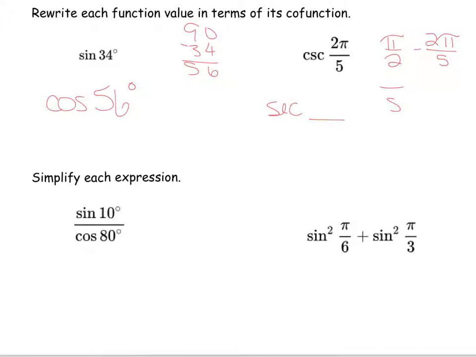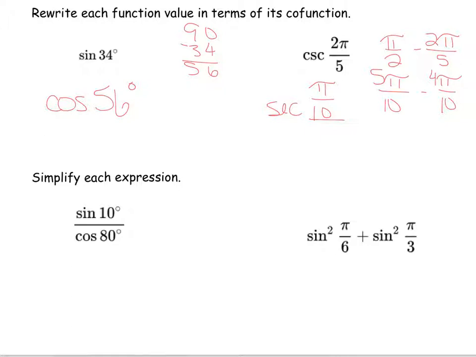I'm trying to do too much without thinking. My common denominator is 10, not 5. Okay, so it's 5 pi over 10, there we go, minus 4 pi over 10, right? Yeah, there we go. Okay, so the complement to 2 pi over 5 is what? 5 pi minus 4 pi, pi over 10.